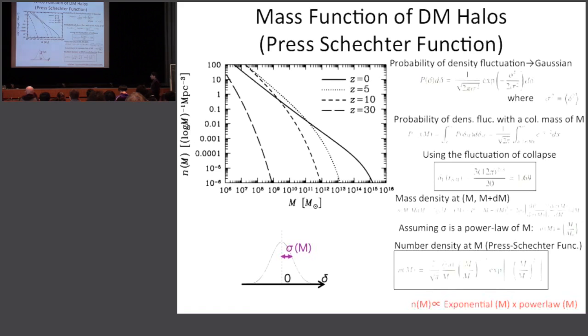The other great thing about structure formation is that you can approximate it using an analytic formula, named the Press-Schechter function. The idea of the Press-Schechter function is that you start with the initial perturbation, and then it grows.